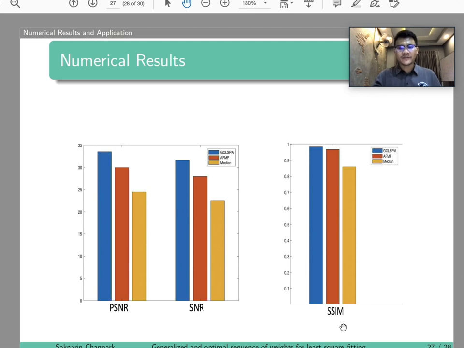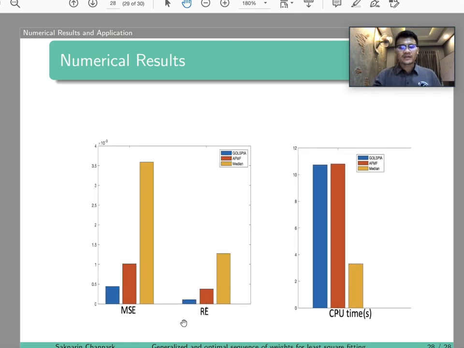It means that the image quality from GOLSPAA is the highest. And the MSE and RE of GOLSPAA are the lowest, which also means the image quality of GOLSPAA is the highest.